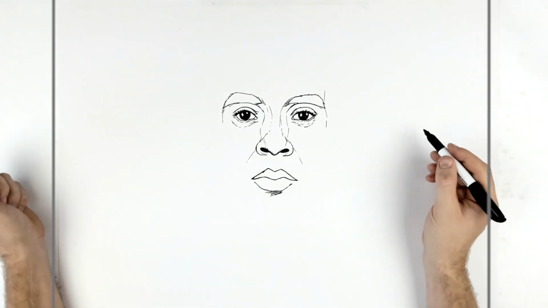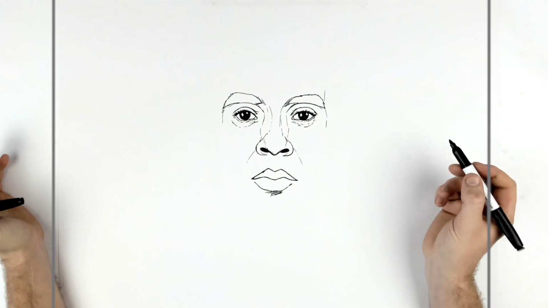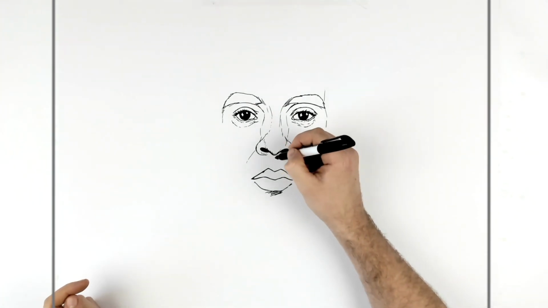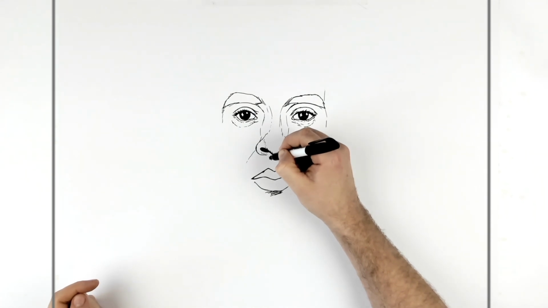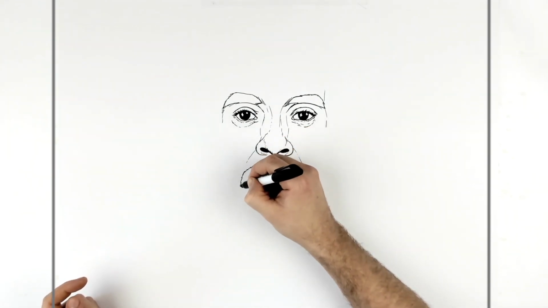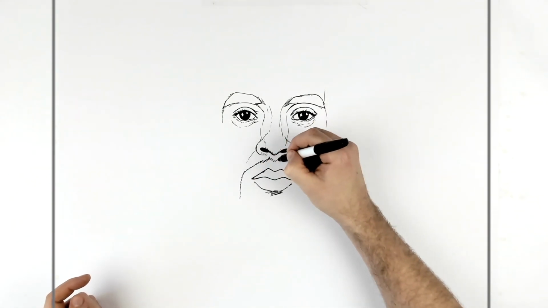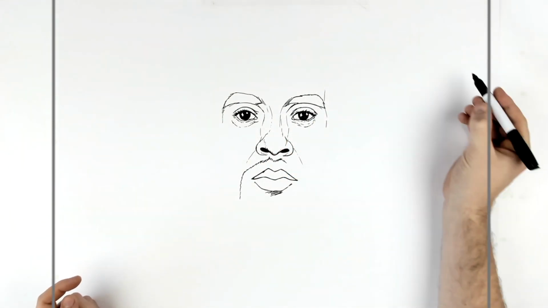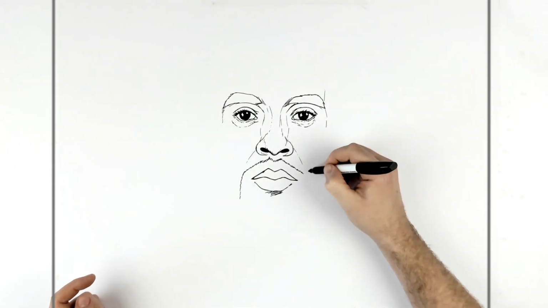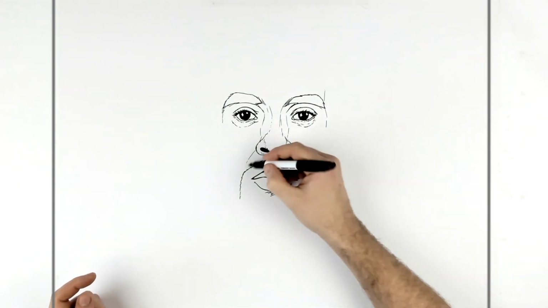So he's got a beard, right? And it's kind of shaved in parts, right? So this sort of hairline comes down. Down around his mouth.